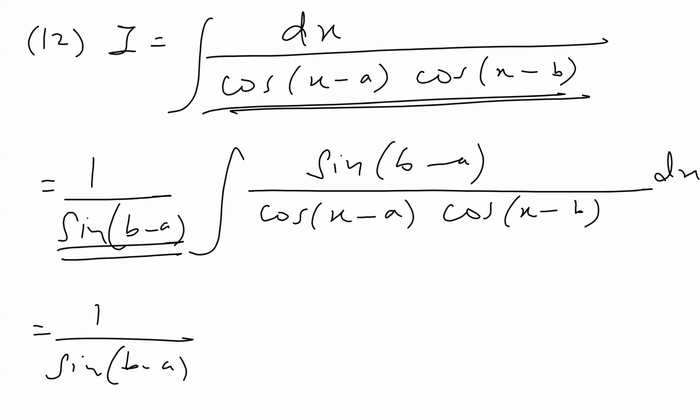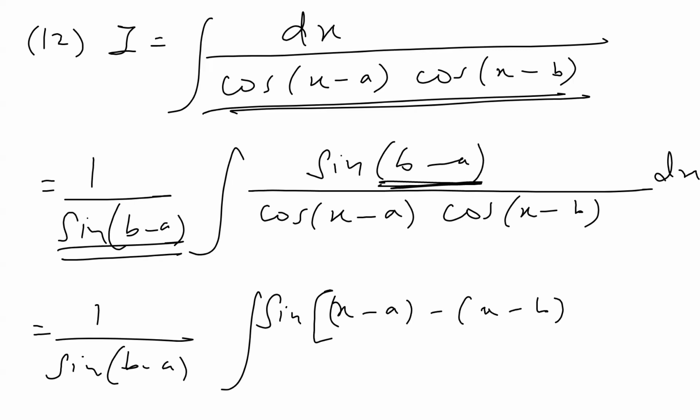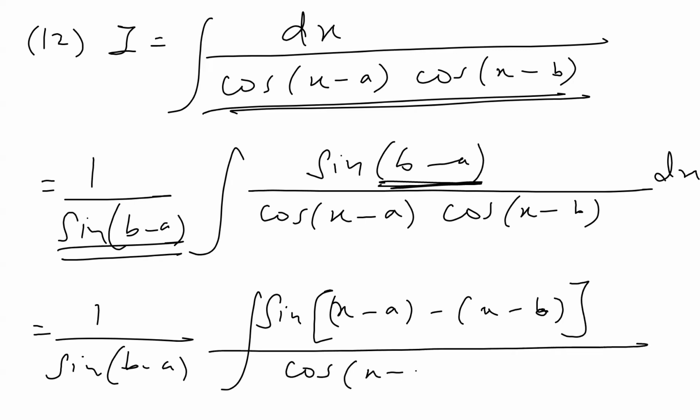1 upon sin b minus a. Now this part, express it this way: x minus a minus x minus b, upon cos x minus a, cos x minus b.